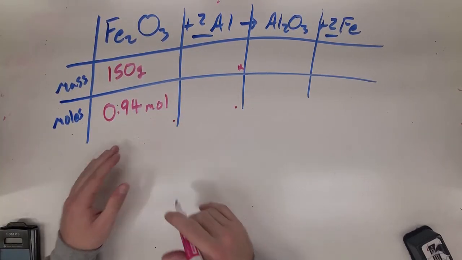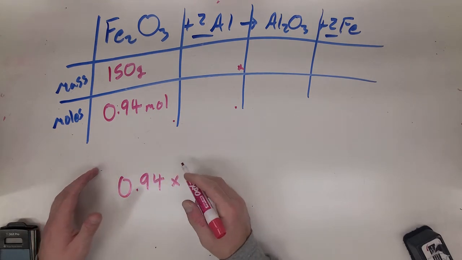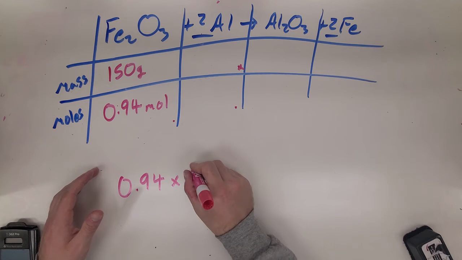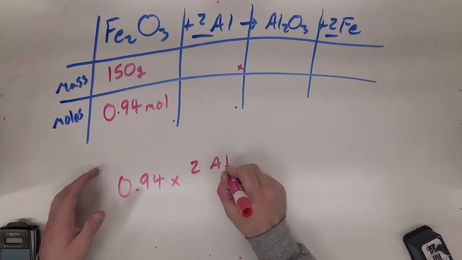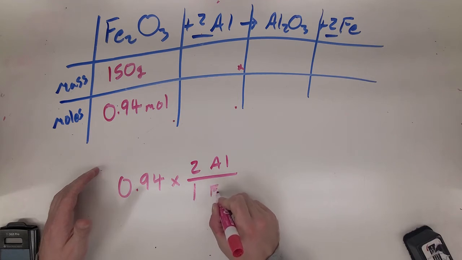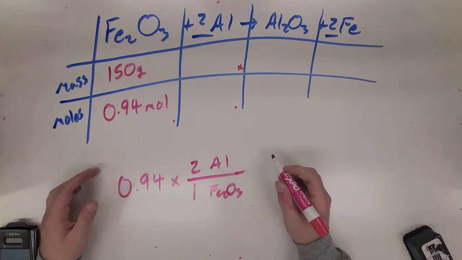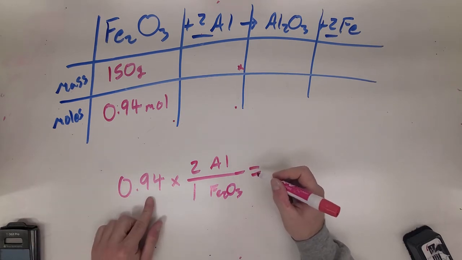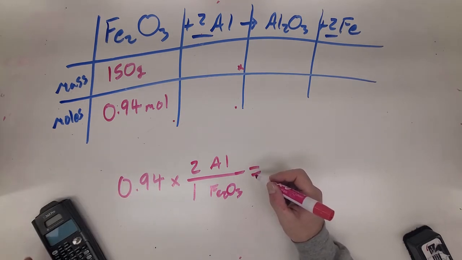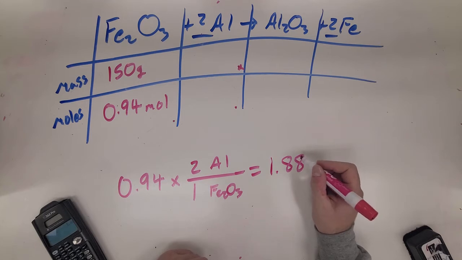So we would take the number of moles, 0.94, multiply it by a 2 aluminum to 1 mole of iron oxide ratio, and we would get twice as much. So 0.94 times 2 gets us 1.88 moles.